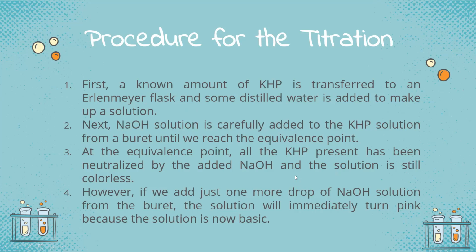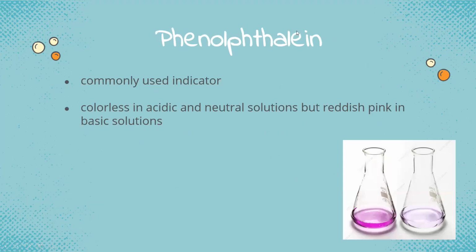Pero makikita nyo sa video at the end of the titration process, after adding the sodium hydroxide, you will see that the Erlenmeyer flask will really change from colorless to faint pink or a pale pink na color that signifies the end point of the titration.